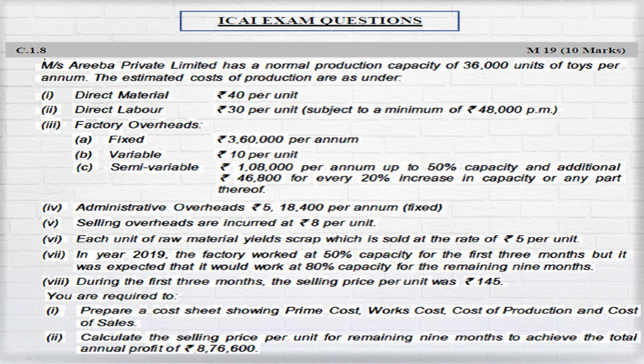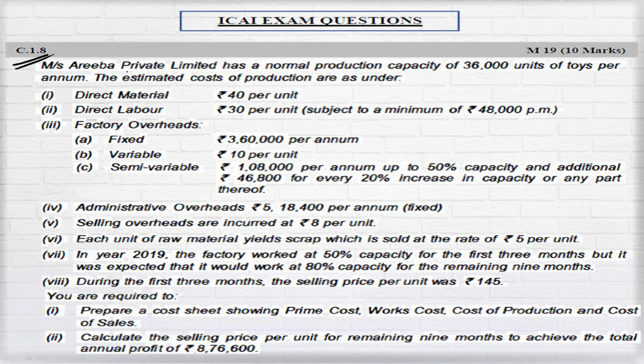And even this first question is excellent. C 1.8 was asked in May 2019 for 10 marks. I feel there is some mistake in drafting the question, but it is a very small mistake. We can deal with it.